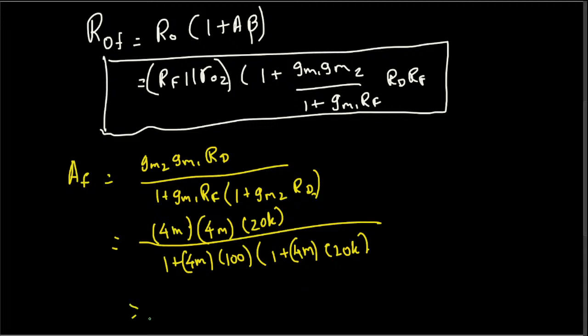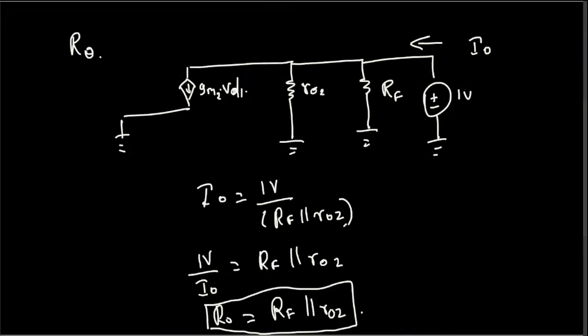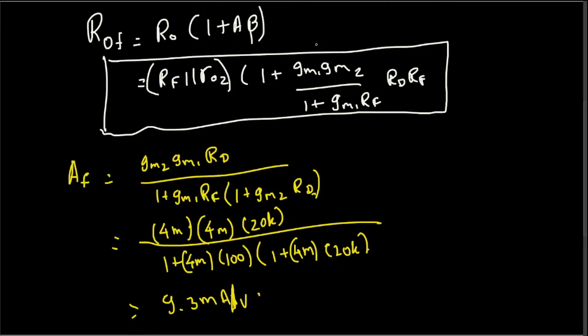If you calculate the value, you're going to end up with 9.3 milliampere per voltage. So that is the AF value, and then next they are asking for the ROF value.